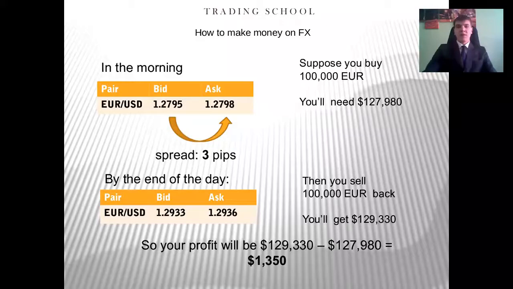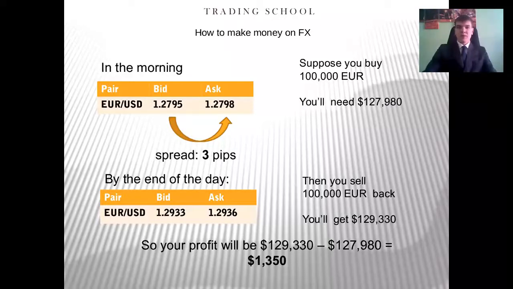Then imagine that you know that by the end of the day, the euro will rise against the US dollar. A good decision would be to buy euros, and let's suppose you buy 100,000 euros in the morning, and then by the end of the day, the euro rises, and you sell your 100,000 euros back.